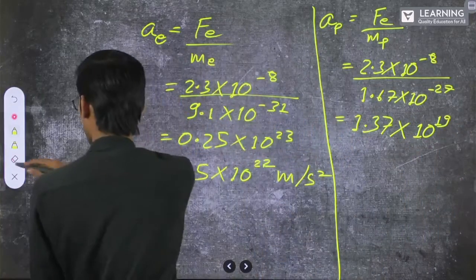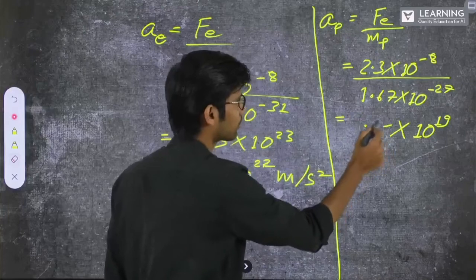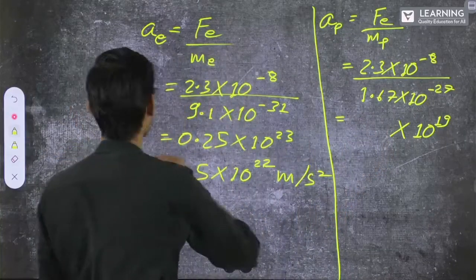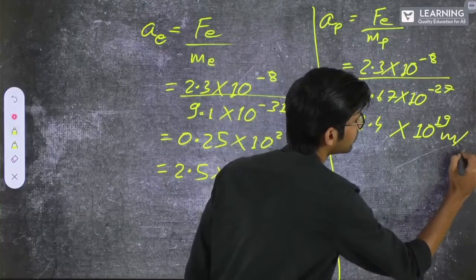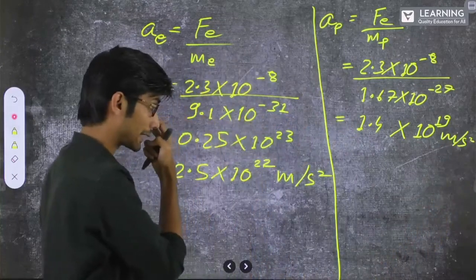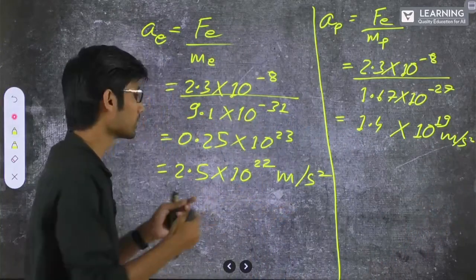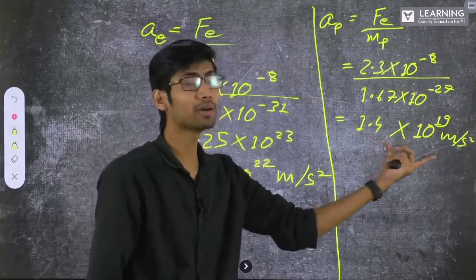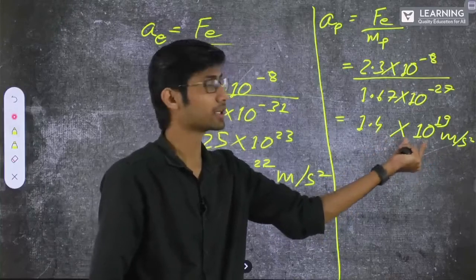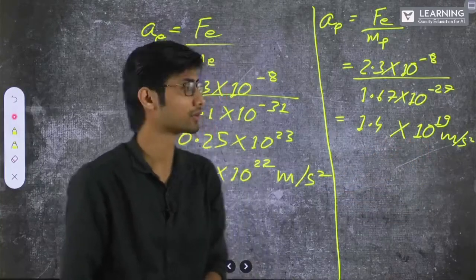Or let's round off and take 1.4 meter per second square. So electron has less mass than proton, so it moves with high acceleration. The proton moves with a bit less acceleration, but still it is very high, of the order 10 power 19.